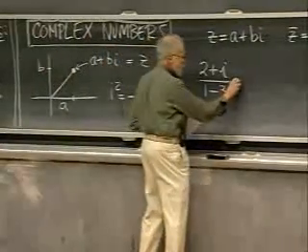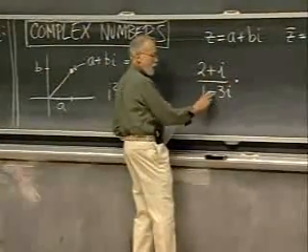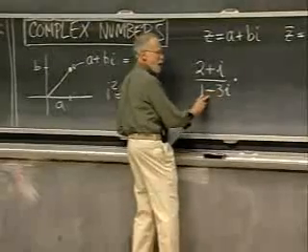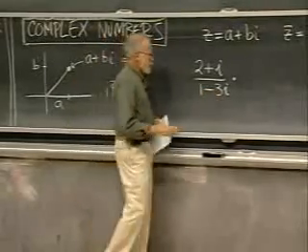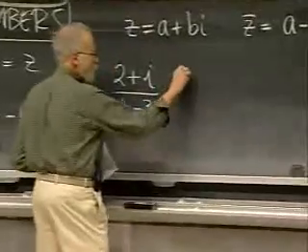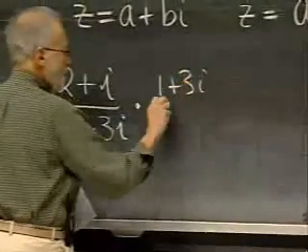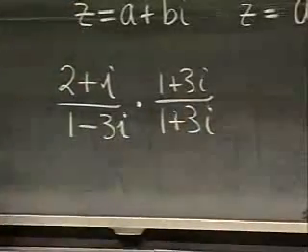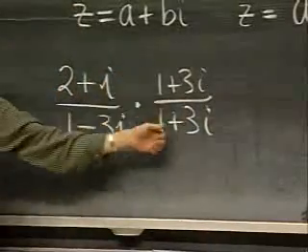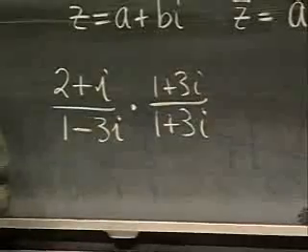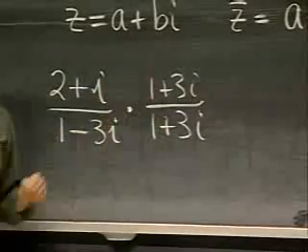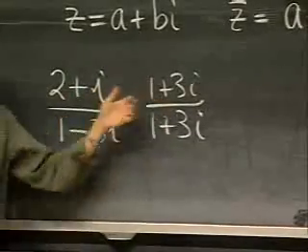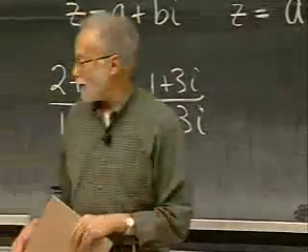What you would do is multiply the top and bottom by the complex conjugate of the denominator in order to make it real. So it's (1 plus 3i) divided by (1 plus 3i), as they taught you in elementary school. That is 1 in a rather odd notation, and therefore multiplying by it doesn't change the value of the fraction.